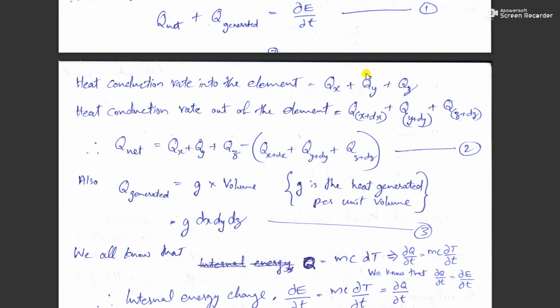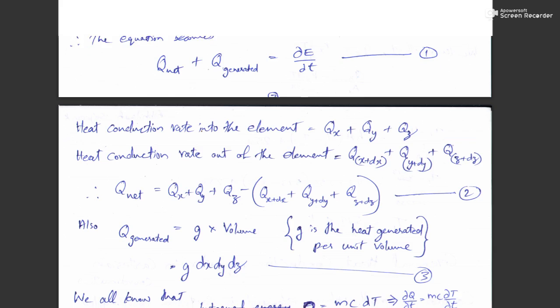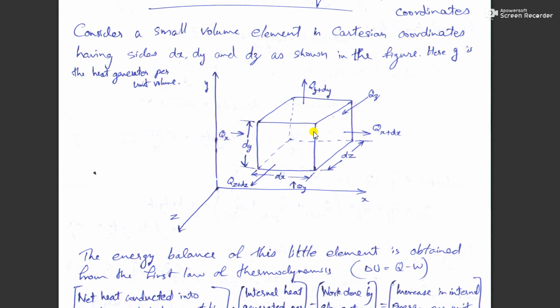Now what is the heat conduction rate out of the element? Let's look at the figure. In the x direction, the heat conduction rate out of the element is Qx plus dx. For the x direction, Qx plus dx is the heat that goes out of the element.